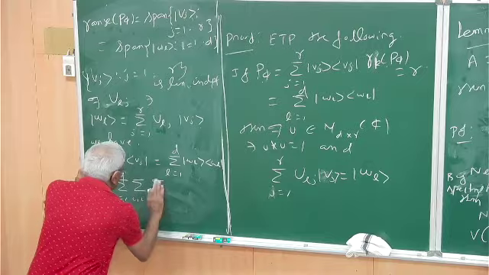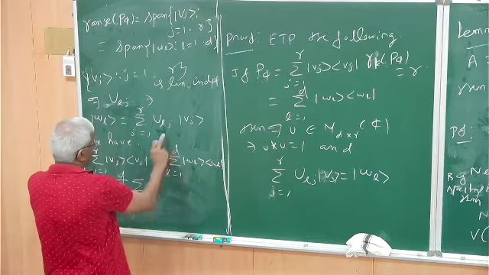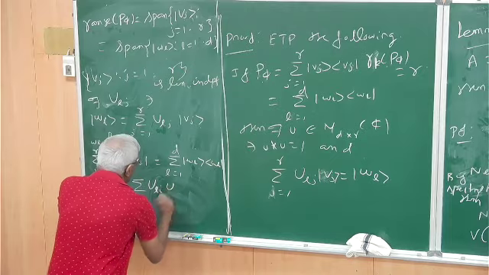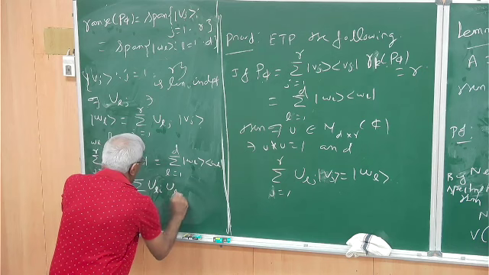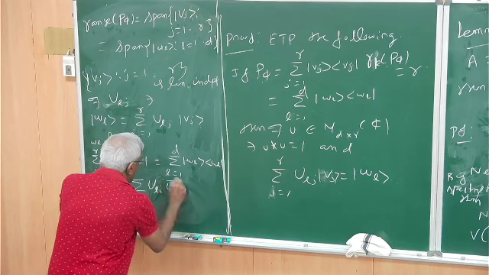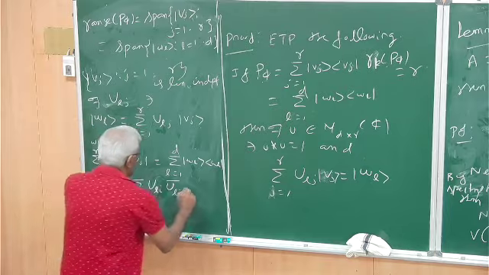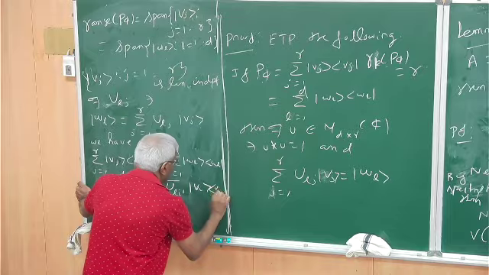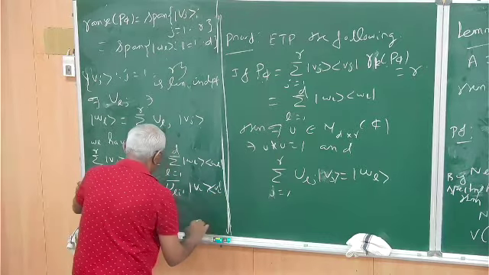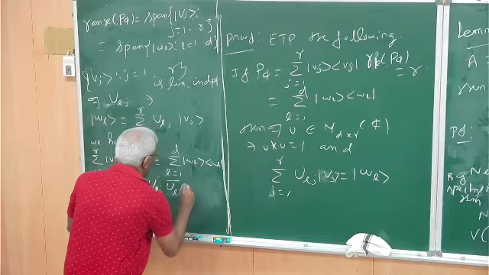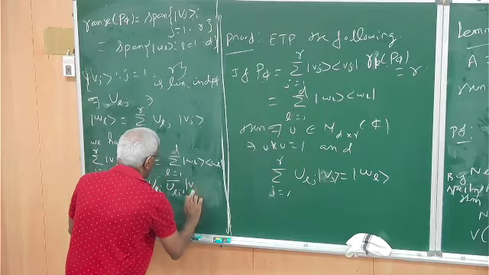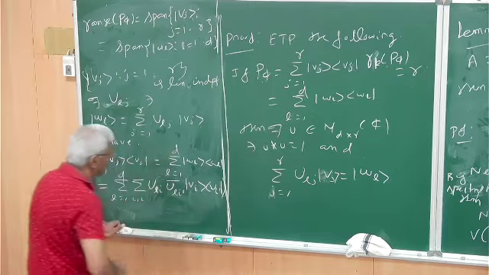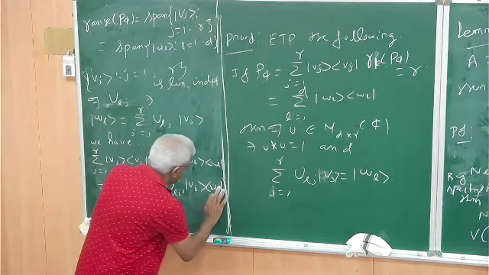So we get summation over I and I prime of U L I, U L I prime bar, V I V I prime star.